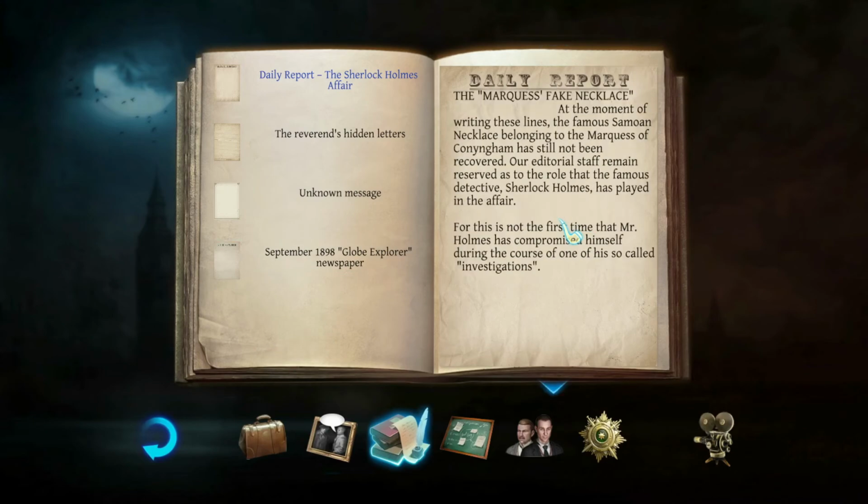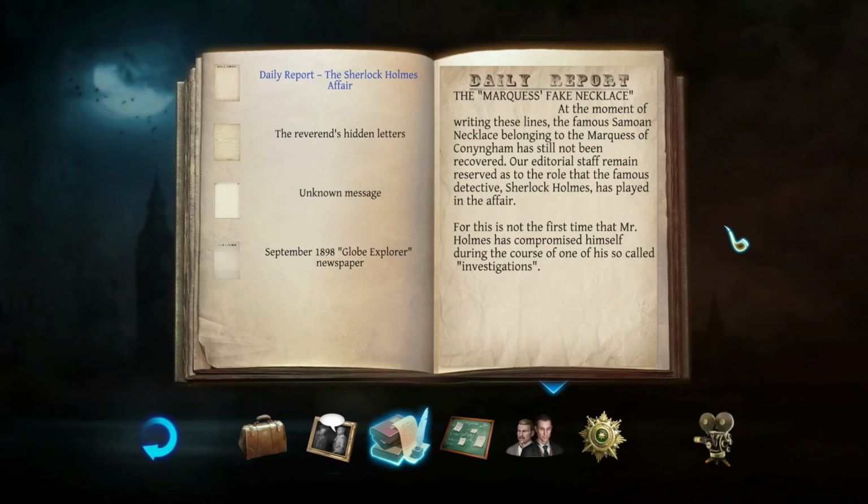Oh, another folly. The Marquis' fake necklace. At the moment of writing these lines, the famous Samoan necklace belonging to the Marquis of Cunningham has still not been recovered. Our editorial staff remain reserved as to the role that the famous detective Sherlock Holmes has played in the affair. For this is not the first time that Mr. Holmes has compromised himself.